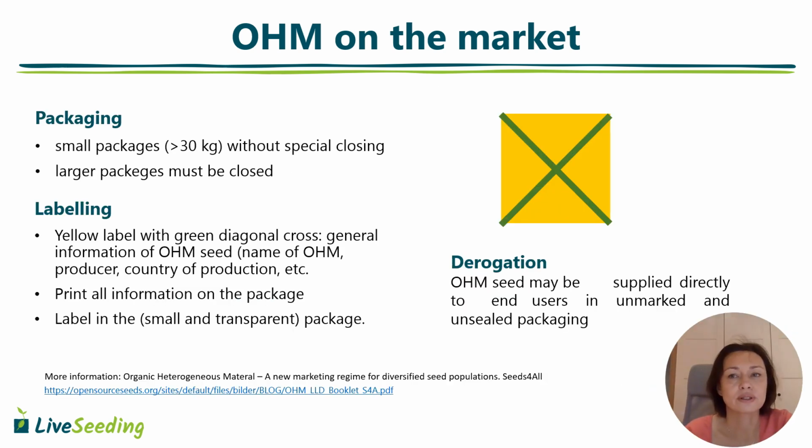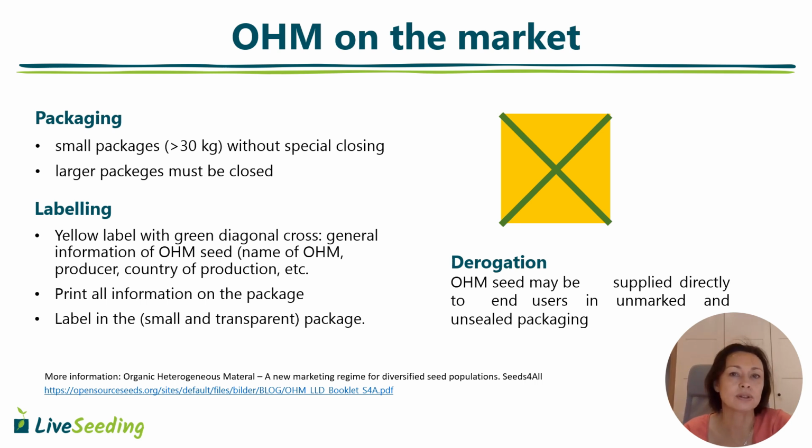In terms of seed packaging, a distinction is made between small and large packages. Small packages may be packed without any special sealing. In contrast, large packages must be sealed in a way that any attempt to open them leaves visible evidence of tampering on the packaging. A special labeling is required for OHM seed packages.